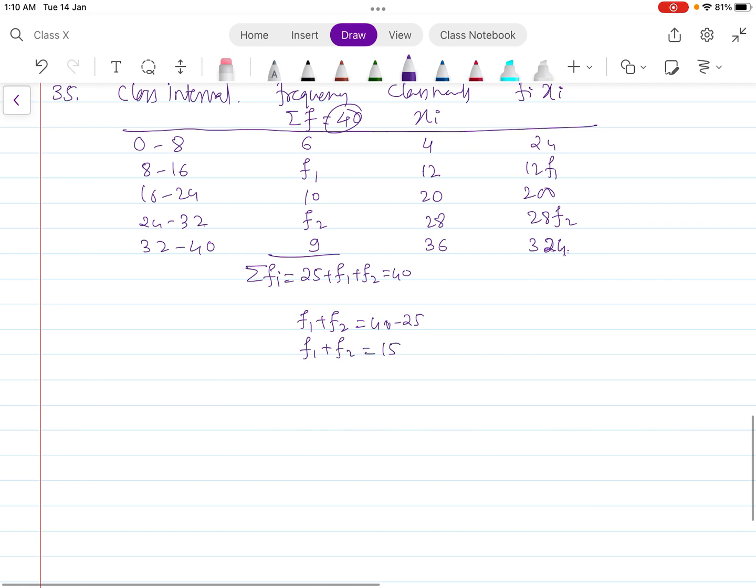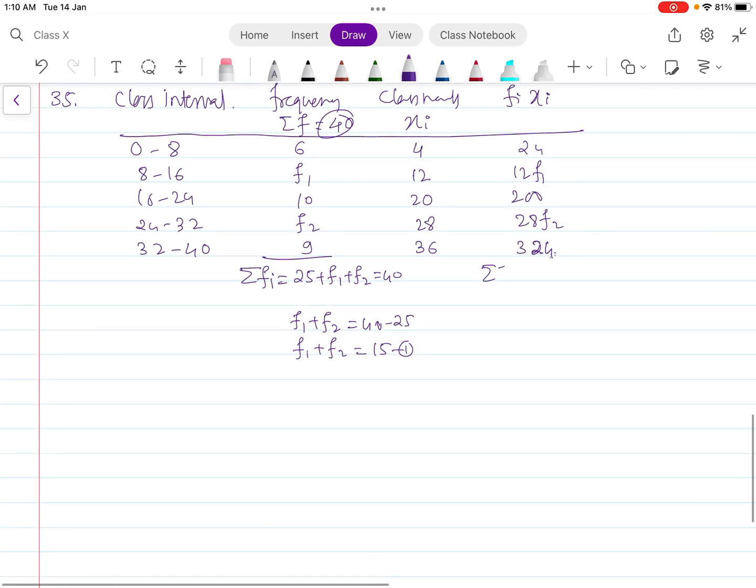So this will become one of the equations we need to use to obtain the values of f1 and f2. Similarly, we add the values of fi xi. 200 plus 324 is 524, plus 24 is 548.